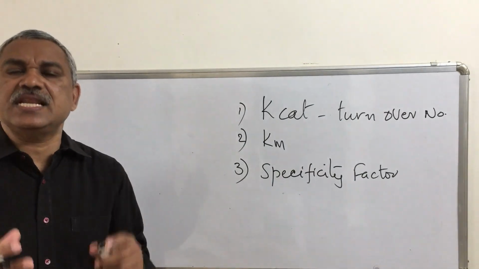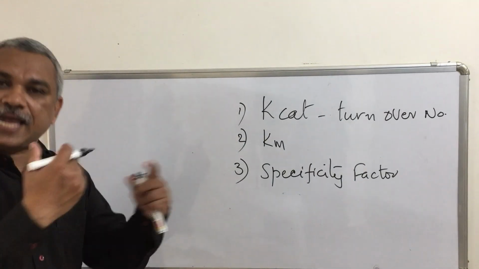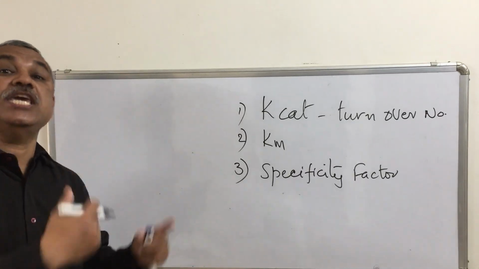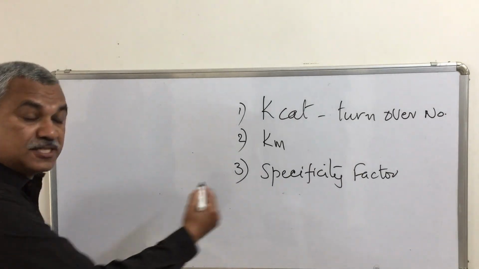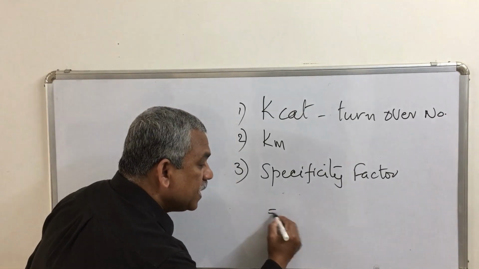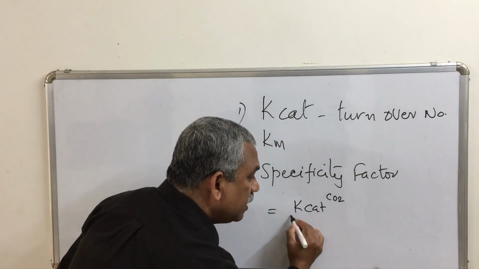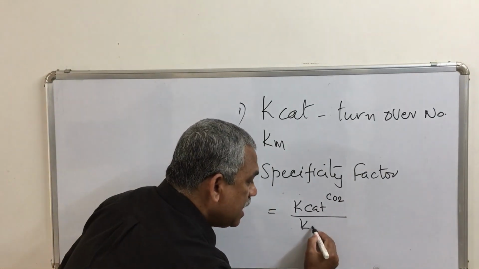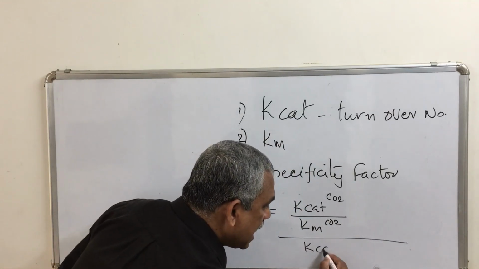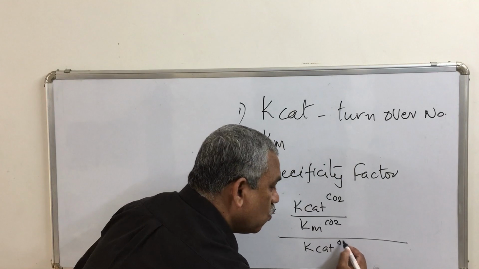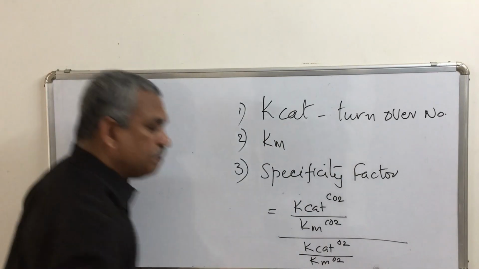This can be easily calculated by taking the ratio of K-cat to Km for each of the substrates. This can be written as follows. The specificity factor is equal to the K-cat for CO2 divided by the Km for CO2, divided by the K-cat for the second substrate, that is O2, divided by the Km for O2.